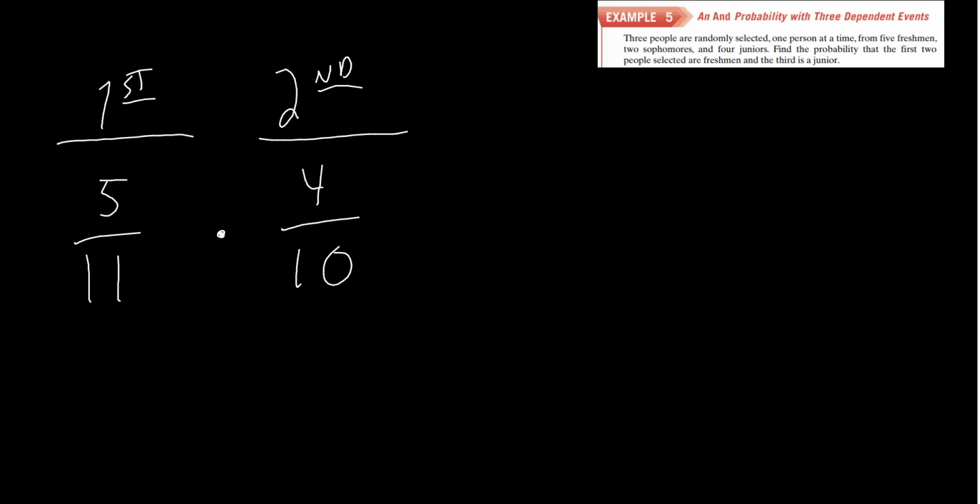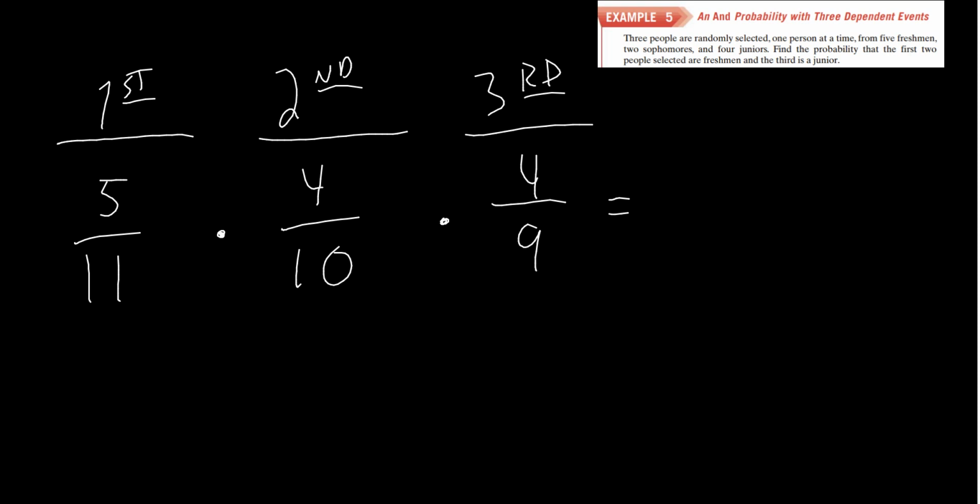And then my third pull, I'm looking for the third being a junior. How many juniors are there? There are 4 juniors. And how many students are left? I'm going down one each time because I'm pulling their names out, so there's going to be 9.